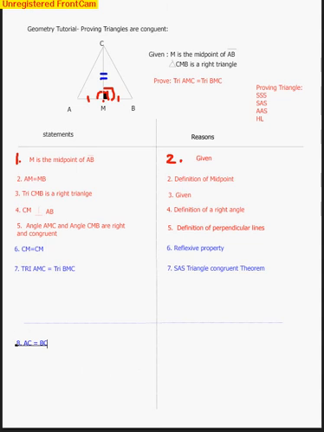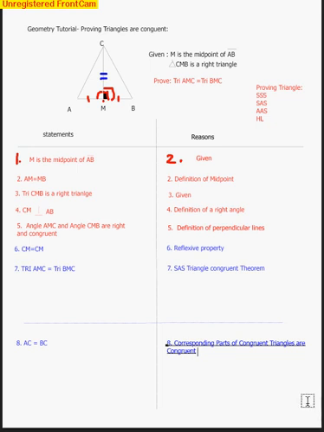And the reason for that, I'm going to write it all out, but I know the book talks about it in abbreviated form. So I will write it all out. It says corresponding, remember that's when you can pick them up and put them on top of each other, corresponding parts of congruent triangles are congruent.